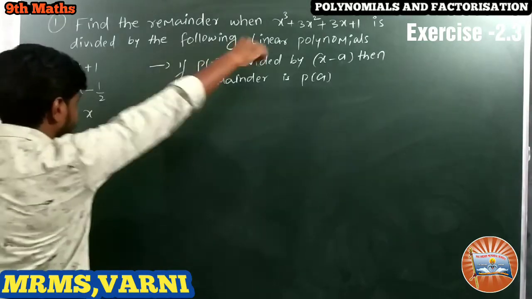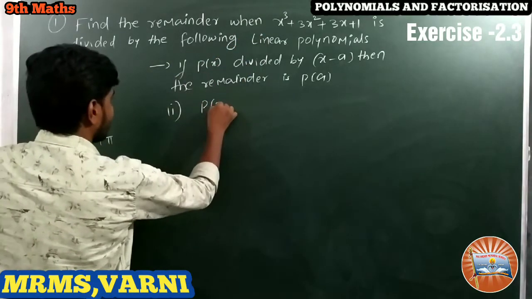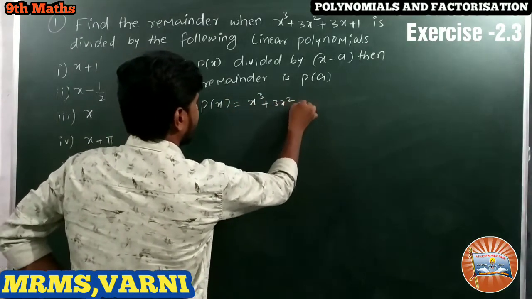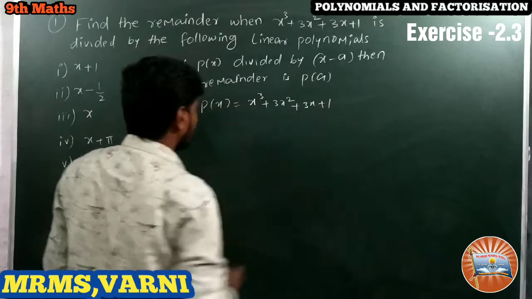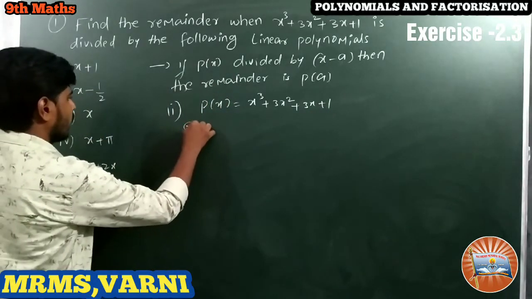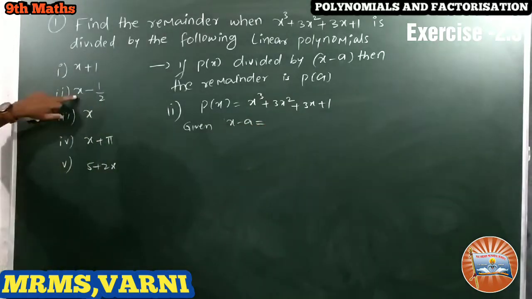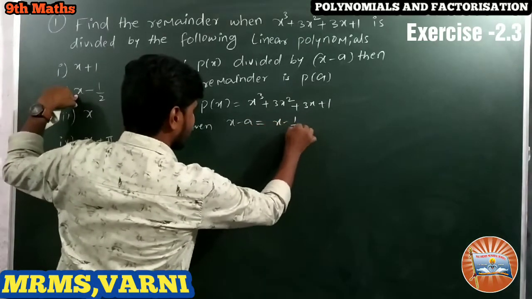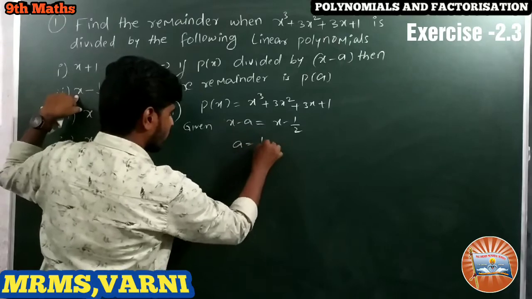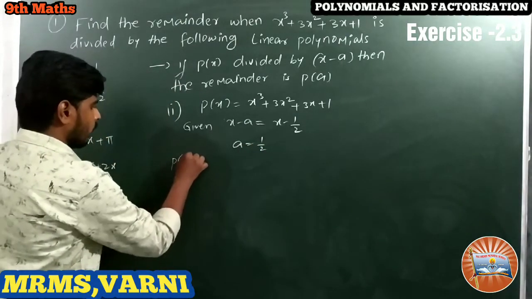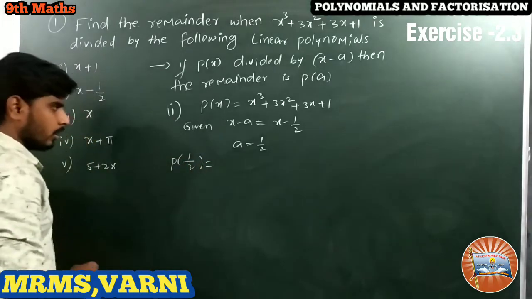What is the question? So p of x is x cube plus 3x square plus 3x plus 1. So given x minus a is equal to x minus 1 by 2. So a is equal to 1 by 2, isn't it? Right. So p of 1 by 2 we have to find to get the remainder.